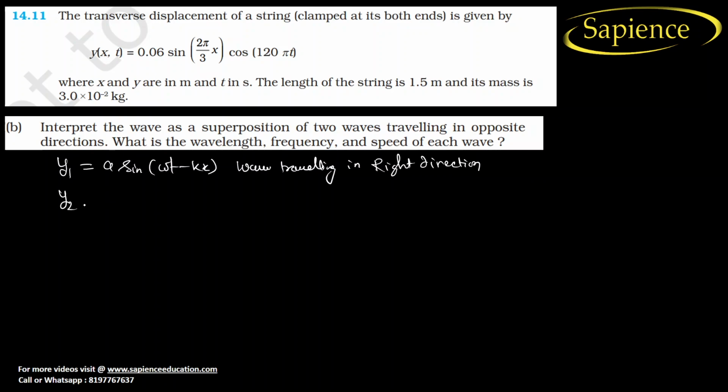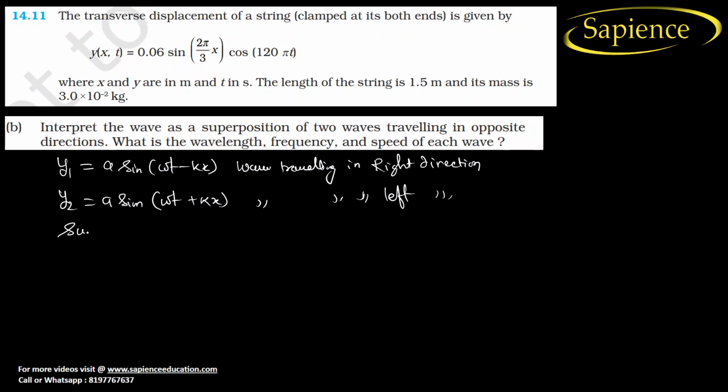Now y2 is a sine omega t plus kx. It is a wave traveling in the left direction.